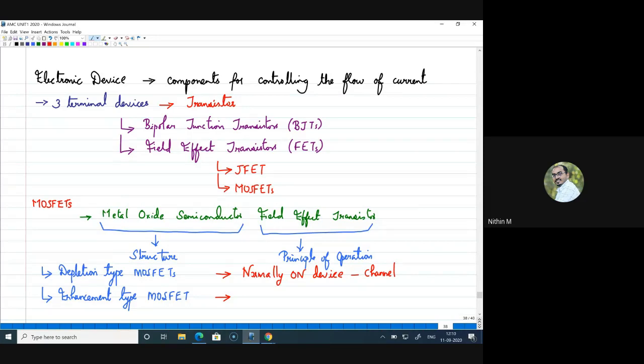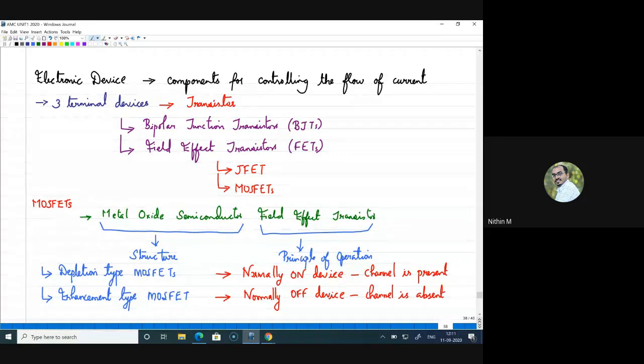Now enhancement type MOSFET is a normally off device. Normally off device. So I can write here, channel is absent, and we need to apply a voltage to enhance the formation of a channel.